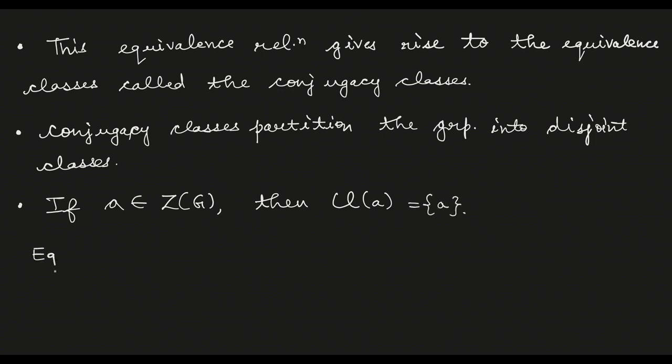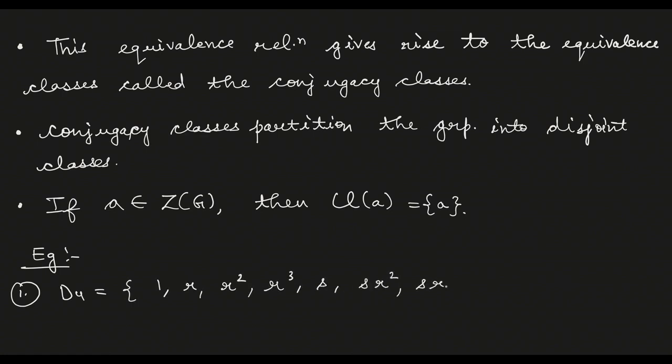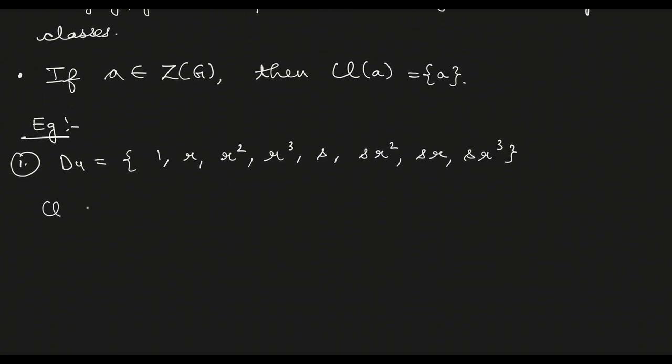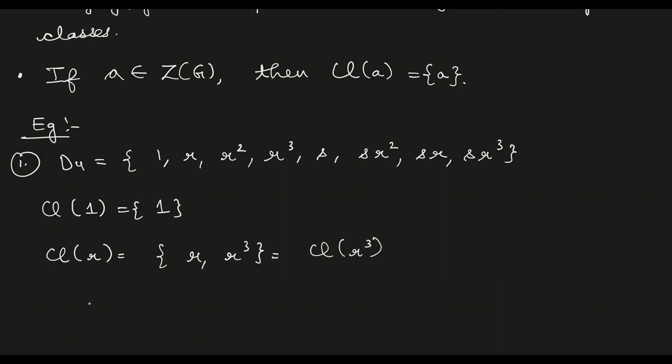Now let us discuss some examples. First, D4. This is equal to 1, R, R square, R cube, S, SR, SR square, SR cube. Now class of 1 is singleton 1 only. Class of R will be R cube.